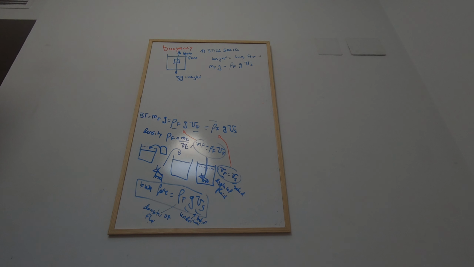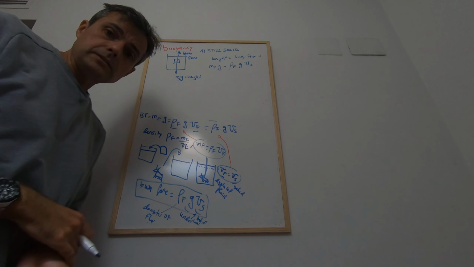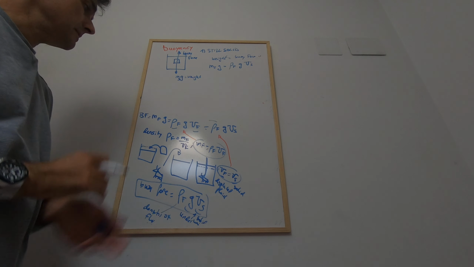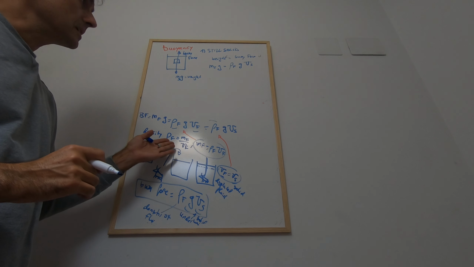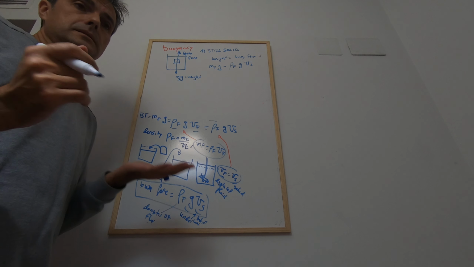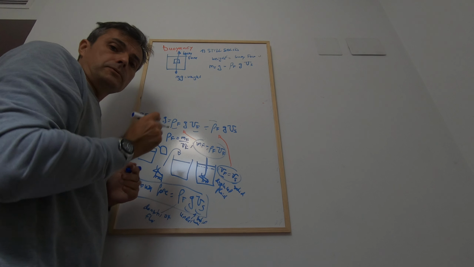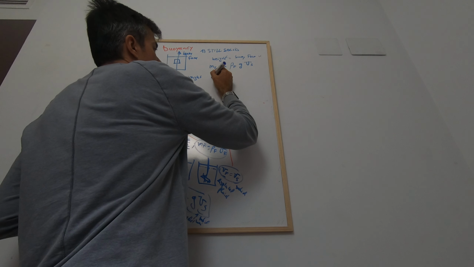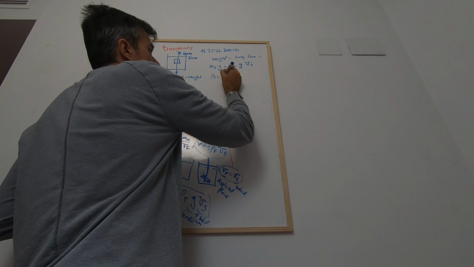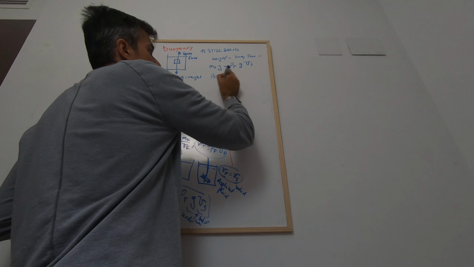Can we apply the definition of density to the solid? Yes, we can. Density is the relationship between mass and volume, so we can apply it to either fluid or solid. If applied to the solid, density of the solid is the mass of the solid divided by the volume of the solid.